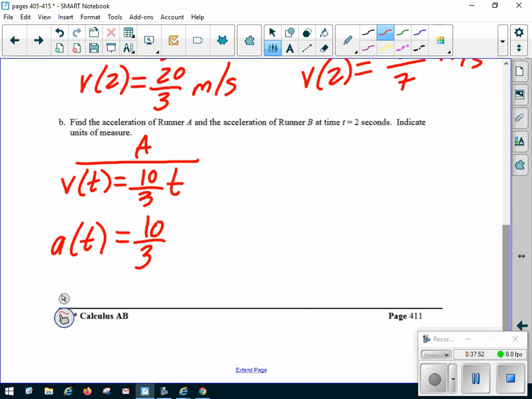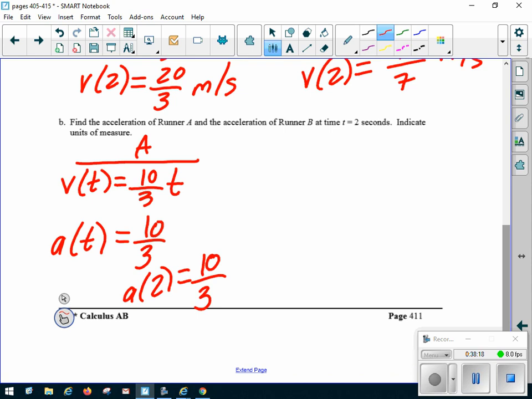Just 10/3. So what is A of 2? 10/3. This has constant acceleration. Constant acceleration.